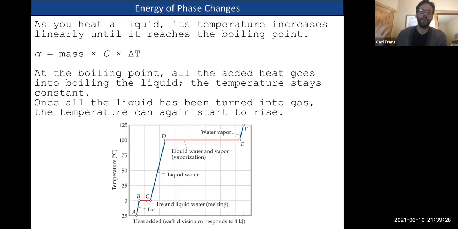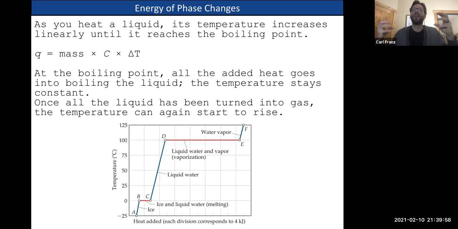And remember that when we go from different phases, the temperature plateaus for a period of time because all of the heat is being consumed in that change, okay? Kind of like the reverse, what we did in lab this week, where once you get to the freezing point, the temperature stays the same for a while, okay?